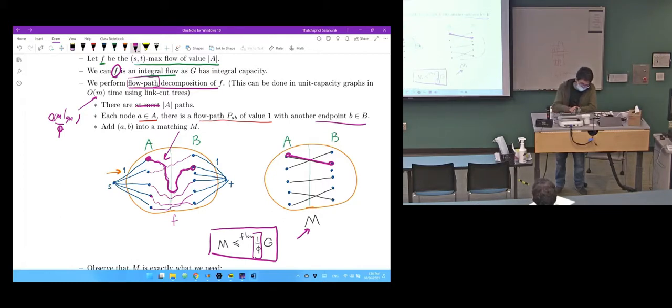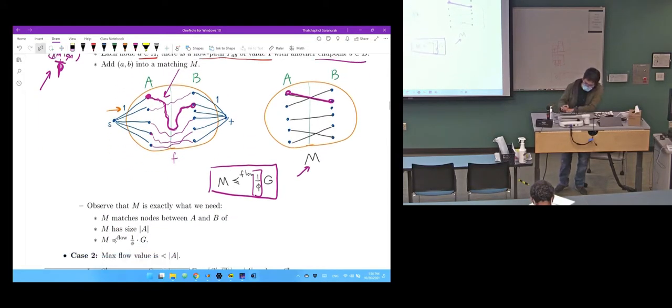If we do it in the straightforward way, you can do it in this time for sure. Just do a depth-first search inside the flow, from S until you reach T, and extract the whole thing as one path, and so on.